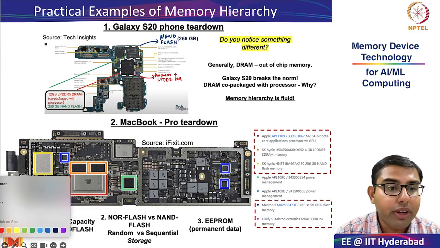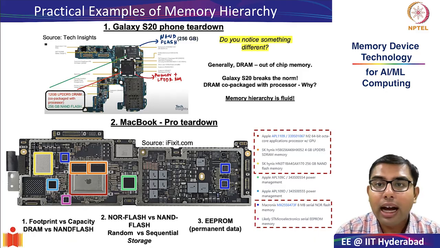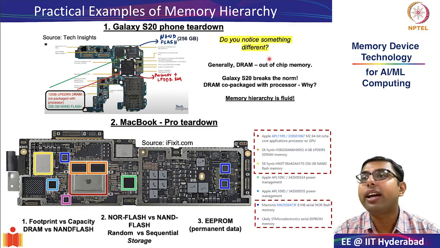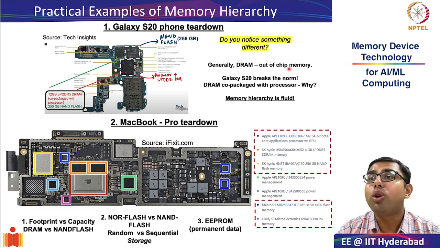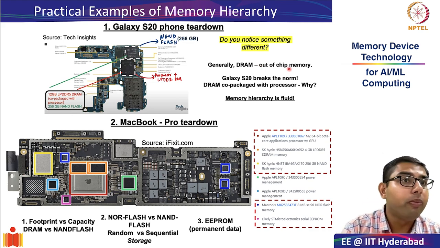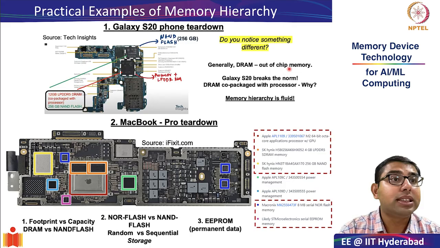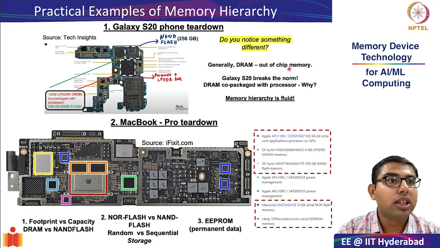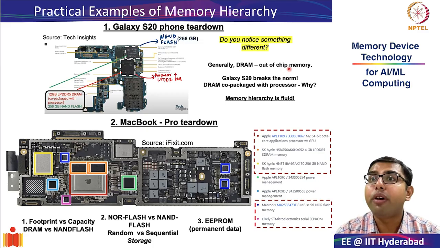If you remember, we saw how DRAM technology is generally off-chip memory, because the DRAM cell consists of one transistor and a highly scaled capacitor. This has to be fabricated in a completely different foundry because the process technology is very different.